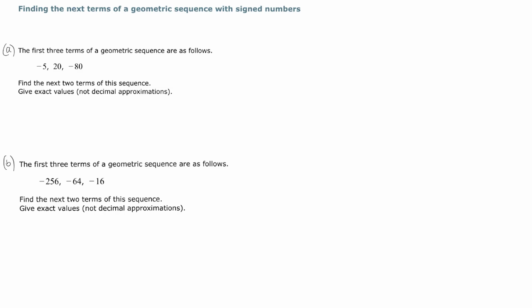Once you find the common ratio, you get a much better idea of how to get to the next term. So the common ratio is simply the division of two successive terms. The order matters. a sub 2 must be in the numerator, and then a sub 1 is in the denominator. In our case, we got 20 over negative 5, which is negative 4.